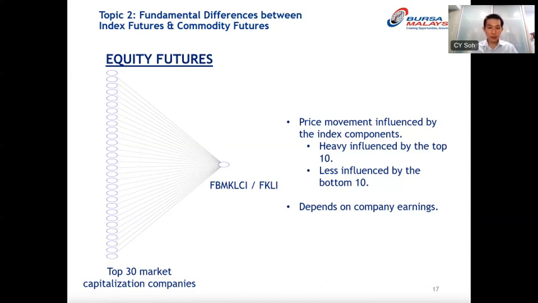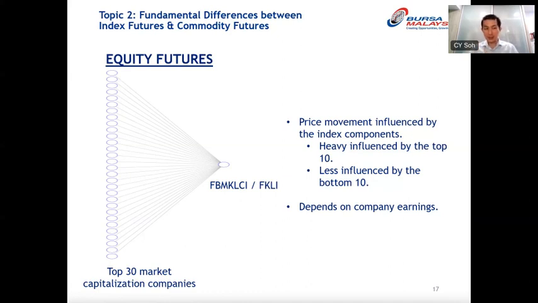Generally speaking, the index is quite heavily influenced by the top 10 market cap companies, whereas the bottom 10 within the top 30 have less influence, because higher market cap stocks generally contribute more weightage to the index calculation.